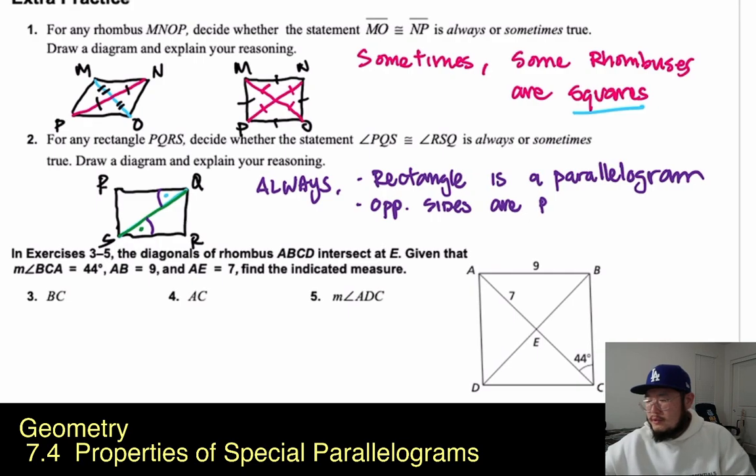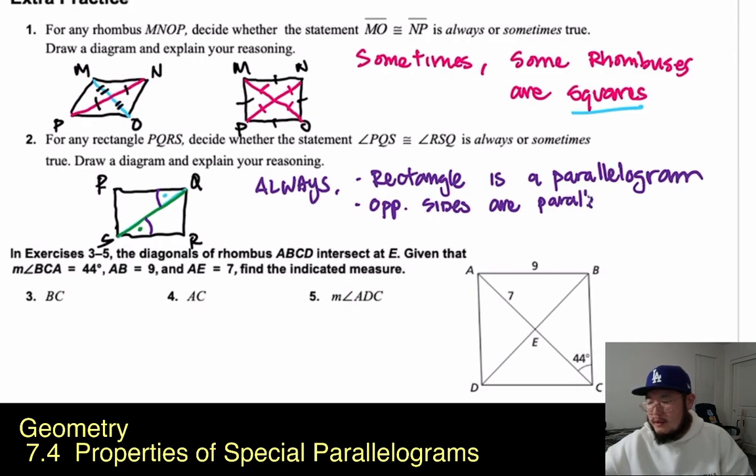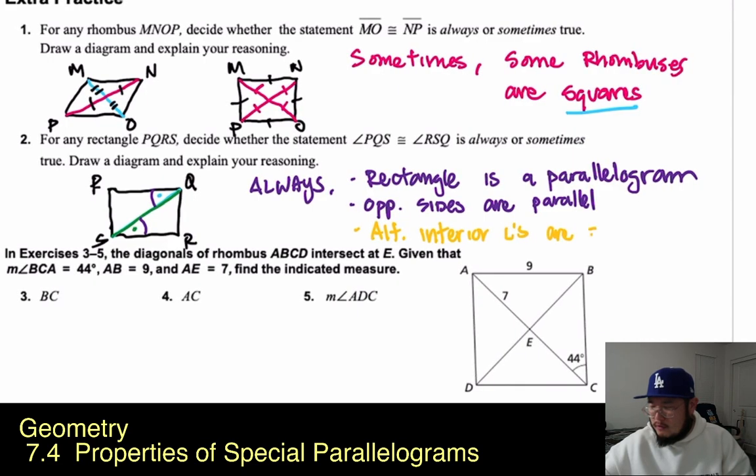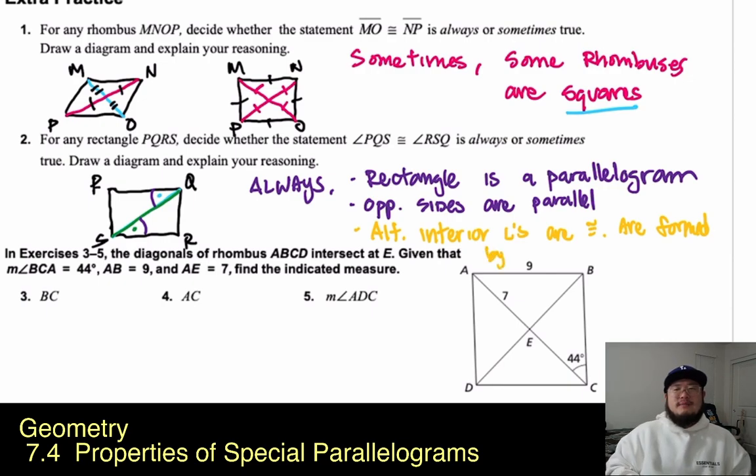And then more specifically for our third one, we have alternate interior angles are congruent, and we could say are formed by the diagonals, or the diagonal that we have there.